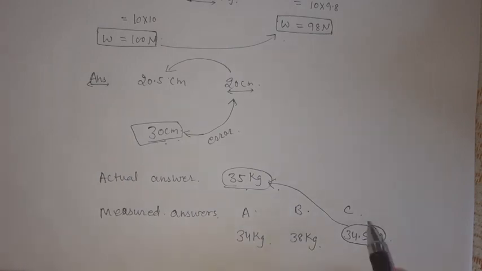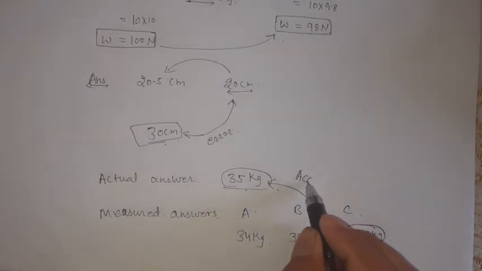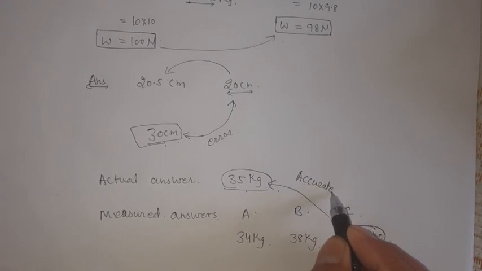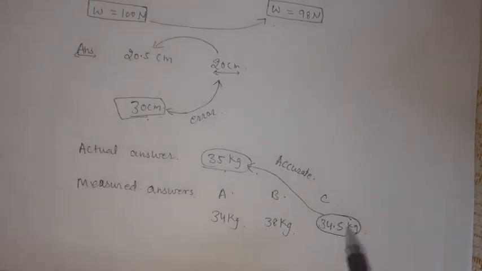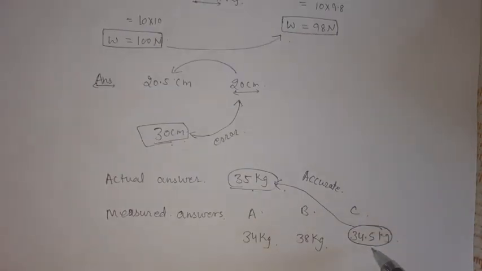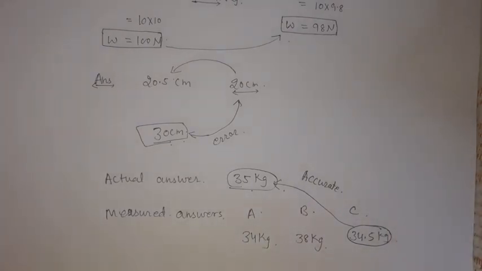Therefore this answer is accurate. But the other answers do not have the closeness that this has. So whenever we consider accuracy, we need to look at the closeness of our measured answer with the actual answer. This is said to be accuracy.